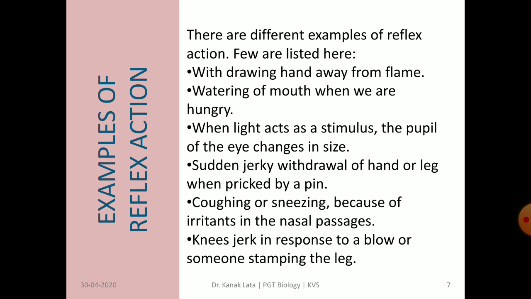Occurrence of coughing and sneezing due to some irritants in the nasal passage is also an example of reflex action. Last one is knee jerk in response to a blow or someone stamping the leg.